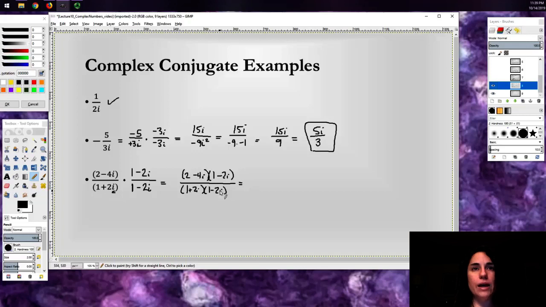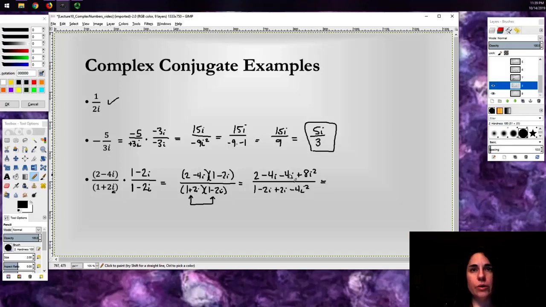Let's FOIL the top, and then notice on the bottom I have this opposite sign going on. And you may remember from the previous slide, when I have these opposite signs going on in the middle, I'm going to end up with a real number only in the denominator. All right, let's multiply, FOIL out the top. 2 minus 4i minus 4i plus 8i squared over 1 minus 2i plus 2i minus 4i squared.